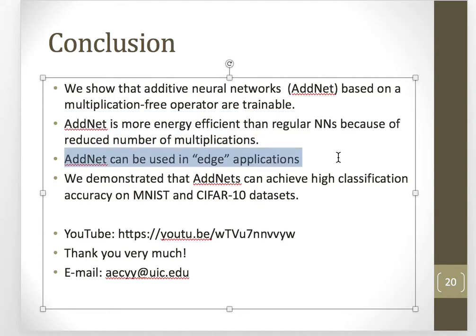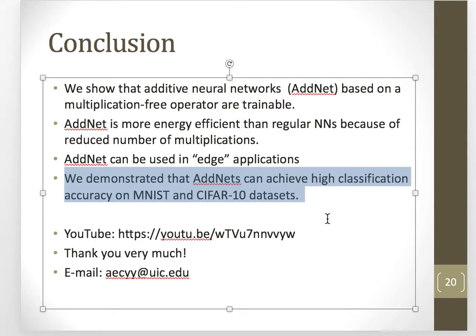AddNET can be used in mobile applications because it doesn't consume as much energy as regular neural networks. And we demonstrated that AddNET can achieve high classification accuracy on the MNIST and CIFAR10 datasets. So our goal is to introduce AddNET as a trade-off between binary neural networks and regular neural networks.